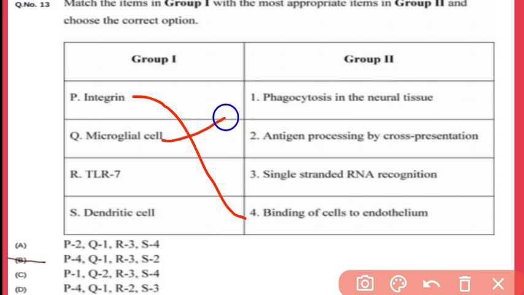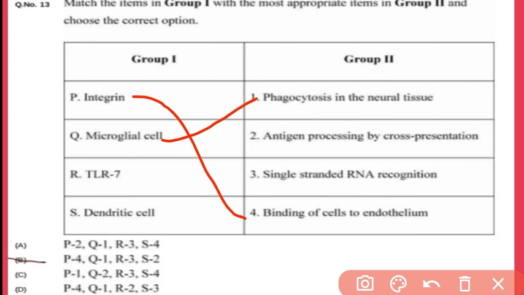So they can match with the first in group second. Then a toll-like receptor 7. The toll-like receptors are a class of proteins that play a key role in the innate immune system. They are single-pass membrane spanning receptors usually expressed on sentinel cells such as macrophages and dendritic cells.